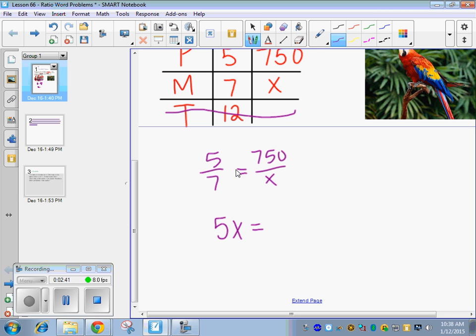And when you multiply this way, if you want to leave it separate, don't multiply it yet. Sometimes it's faster. The reason being that now I'm going to divide by 5 to solve. And instead of multiplying 7 times 750 and then dividing by 5, what could I do to make it a little easier?